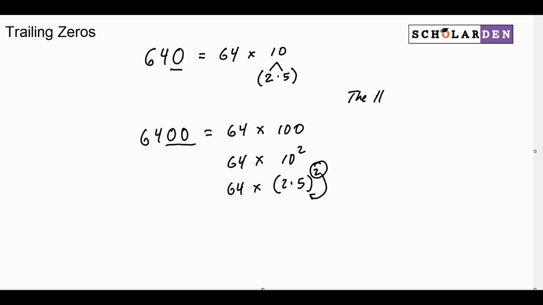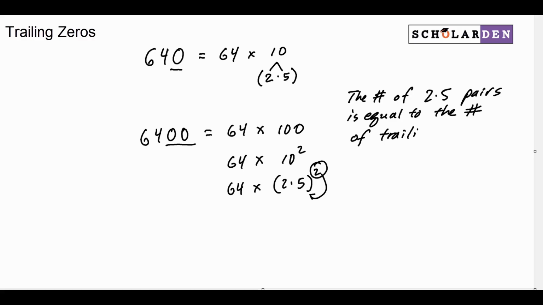So the number of 2 times 5 pairs is equal to the number of trailing zeros.